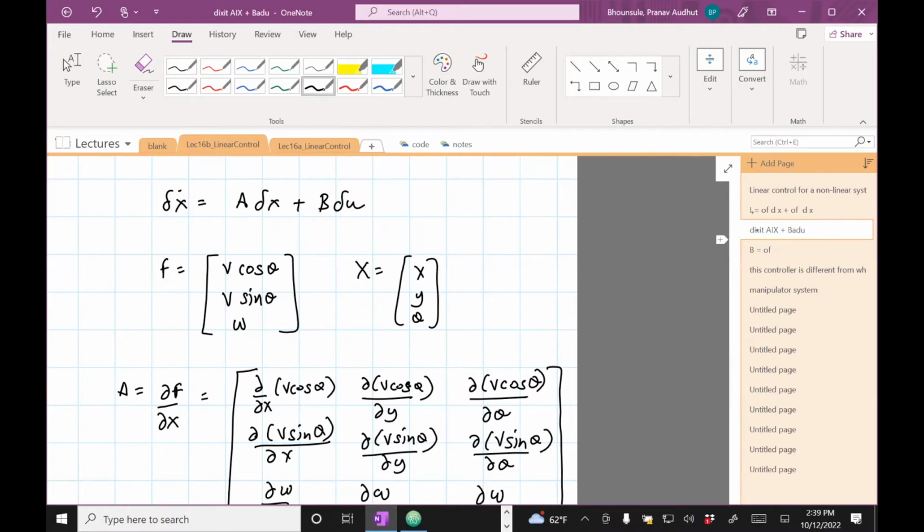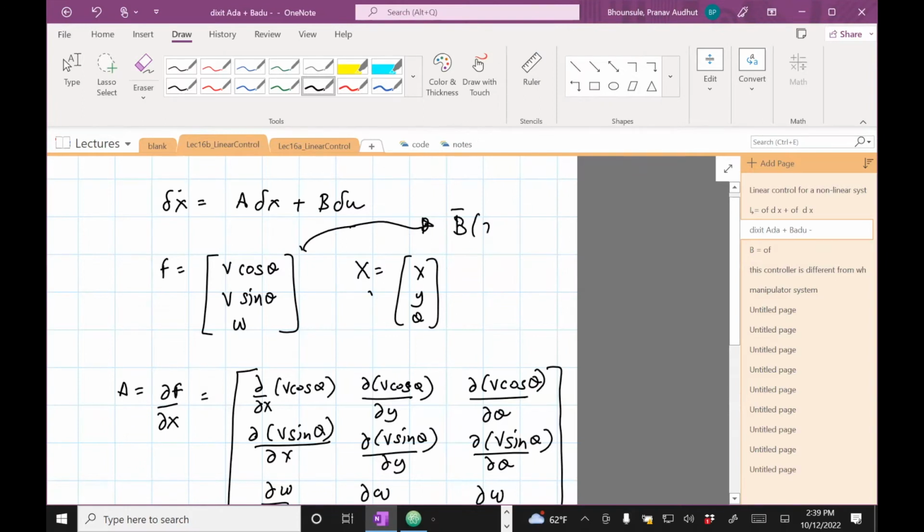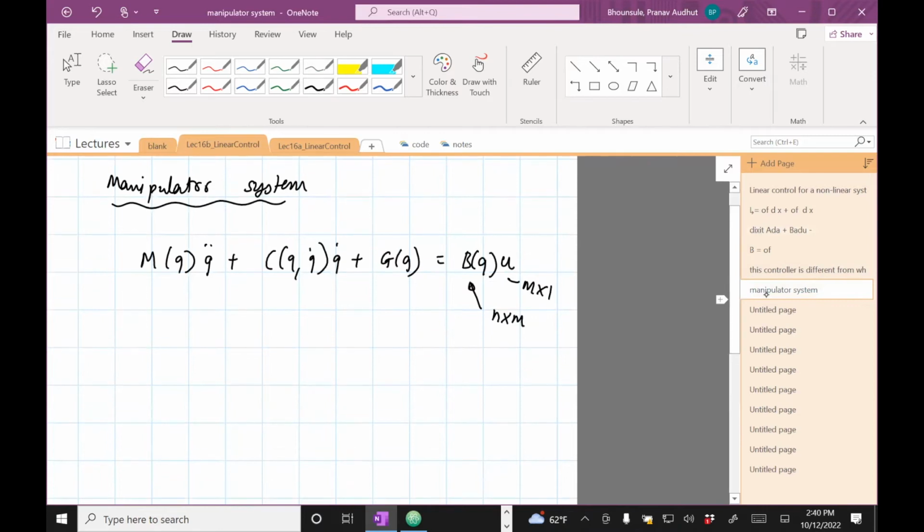You can see that it can be written as B of q times u, where u is u, v and w. So this is a different B, not the same as this B. B of q, in fact, q is theta, and then v and w. Okay, so that's another example where it's not a constant.